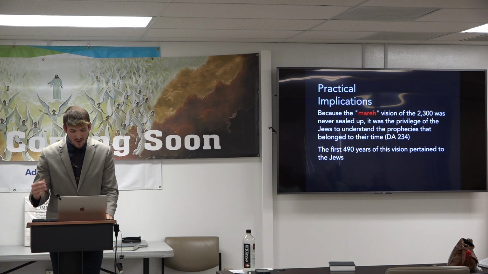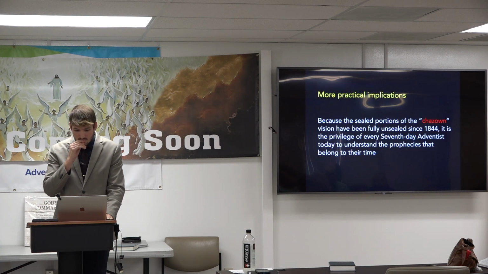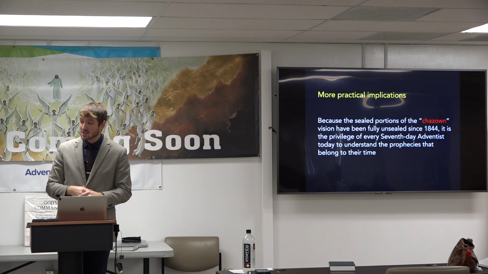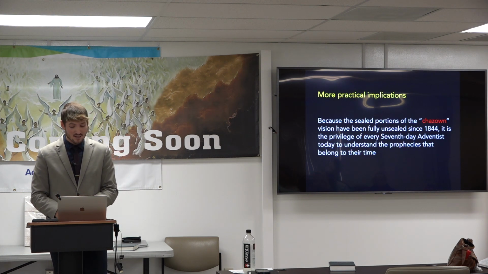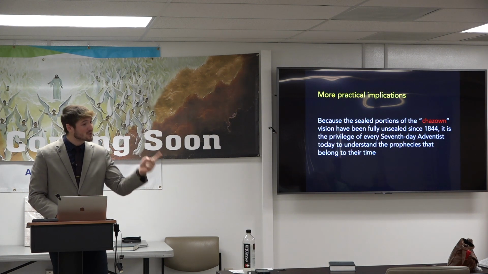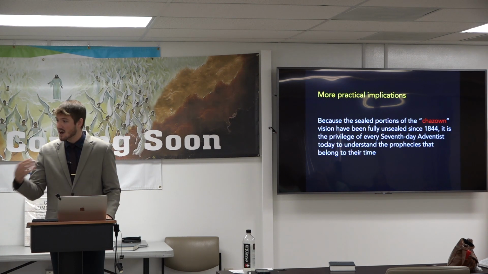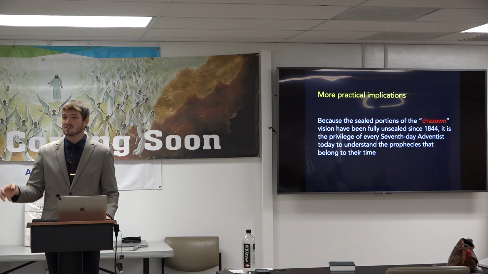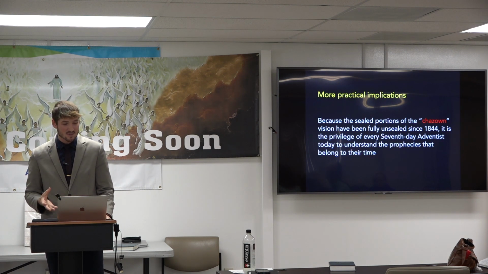The first 490 years of the vision pertained to the Jews, as we read in Daniel 9. Because the sealed portion of the Chazone vision has been unsealed since 1844, it is now the privilege of every Seventh-day Adventist today to understand the prophecies that belong to our time. All of the things we've learned since 1844 are now made available to us.